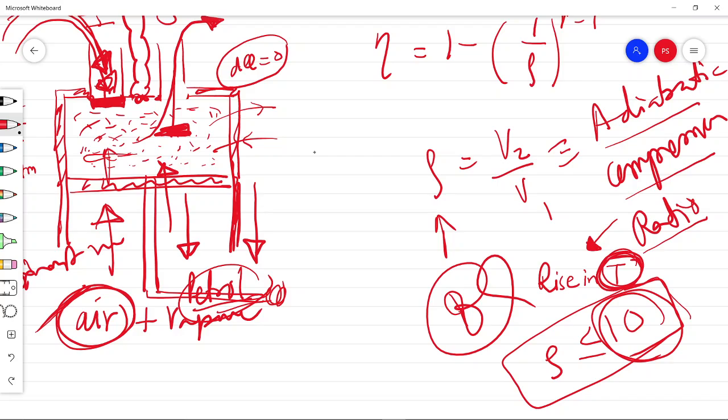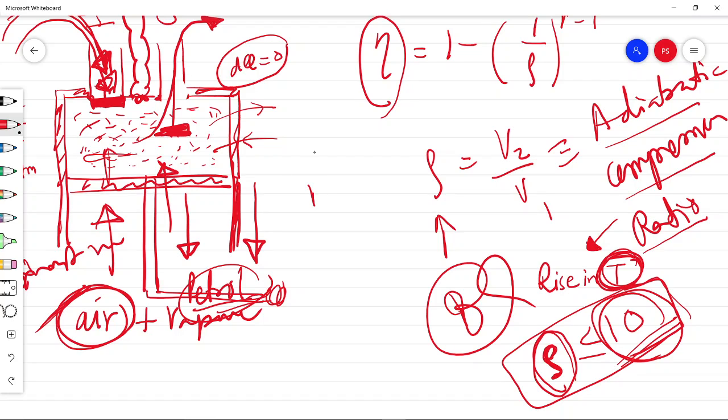So there is a risk of permanent damage to the cylinder piston arrangement if the value of adiabatic compression ratio is increased beyond 10. So it also puts a limit on the value of rho, that is a limit on the value of eta.